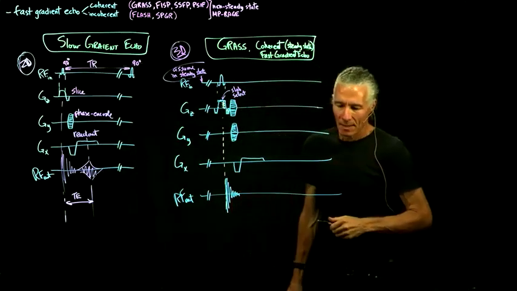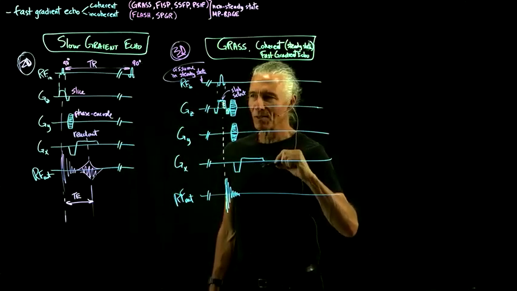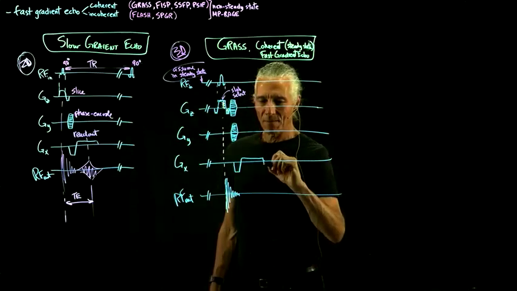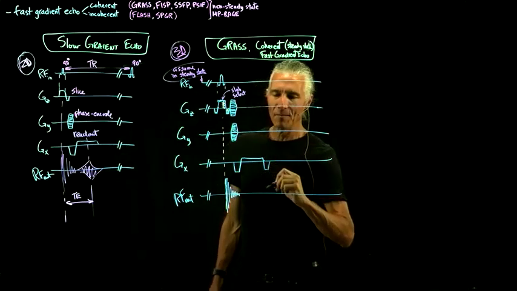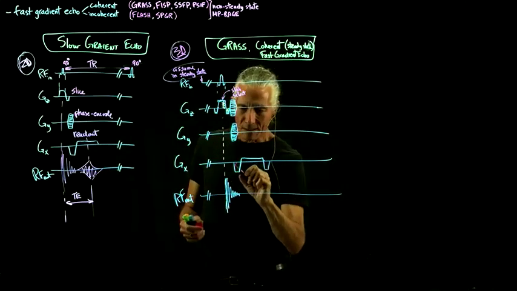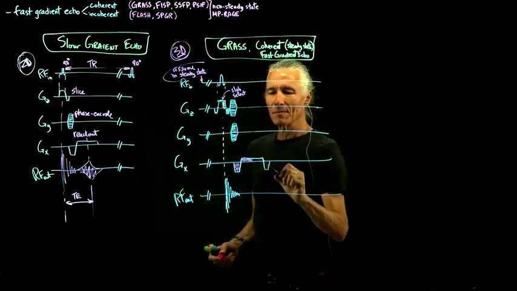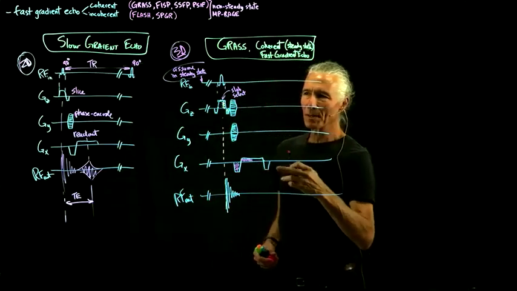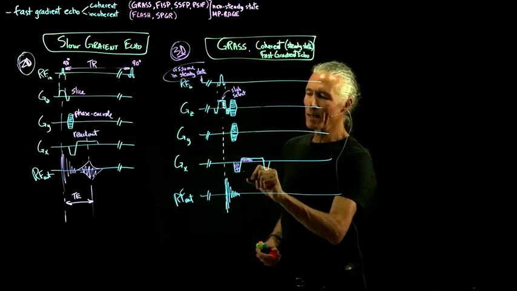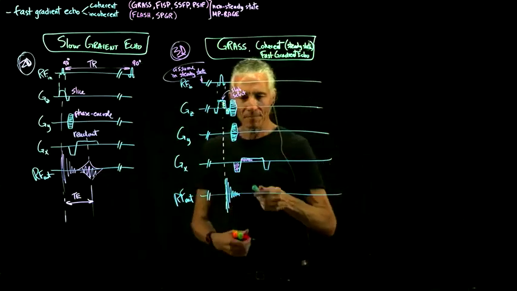But now, since we're going to try to save all our magnetization, we have to essentially fix the fact that we went across k-space. And so remember, the areas of these are supposed to be equal. The idea of this last one is to put us back in the center of k-space, because we go to the left of k-space and then the center of k-space is right here.